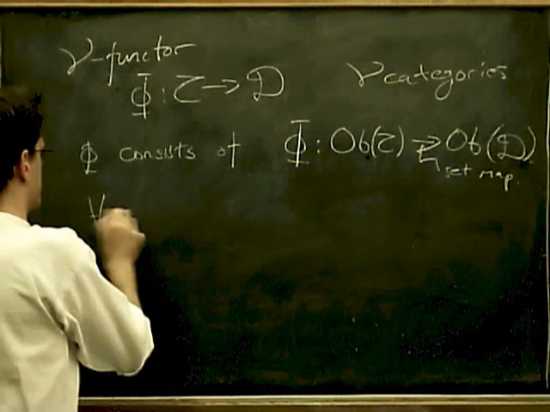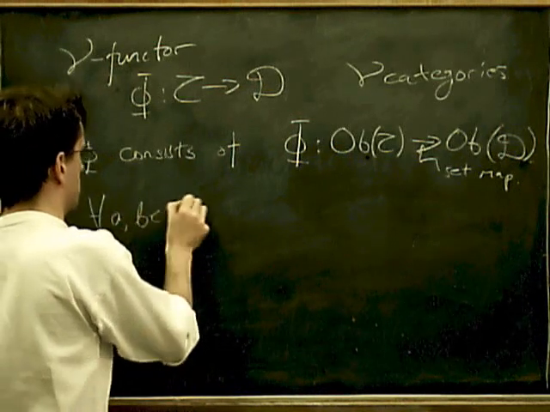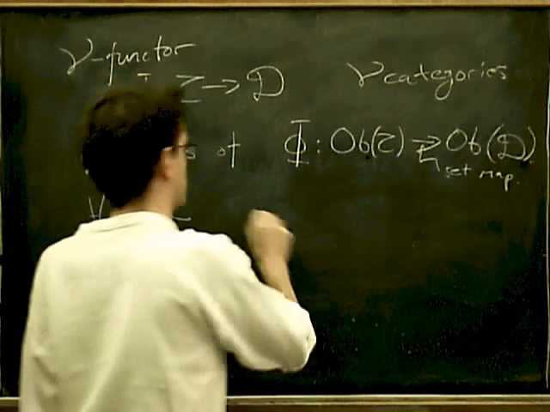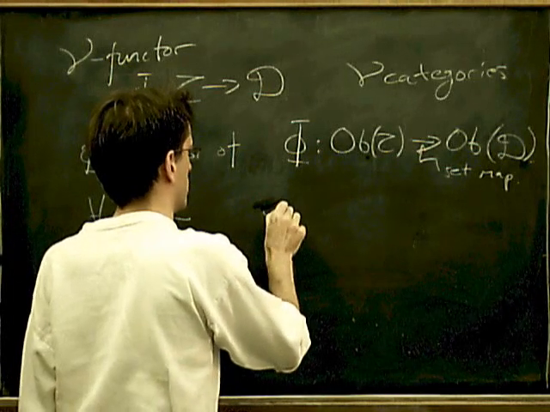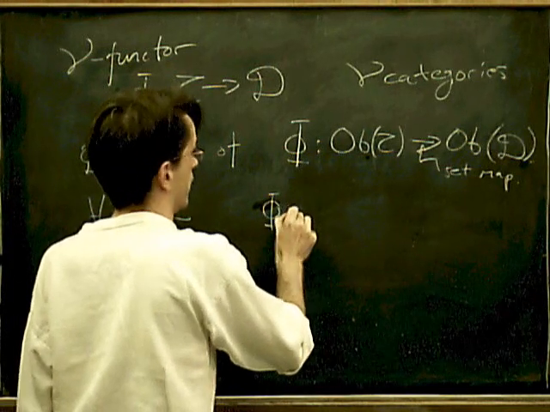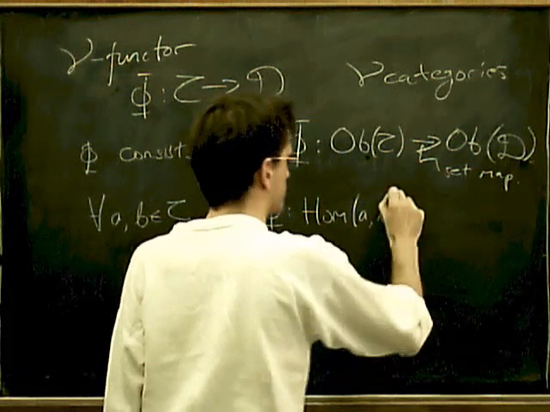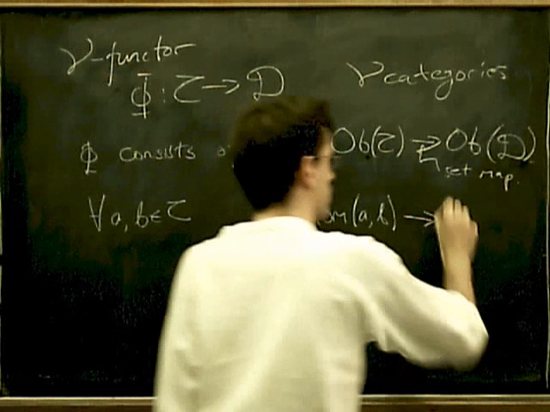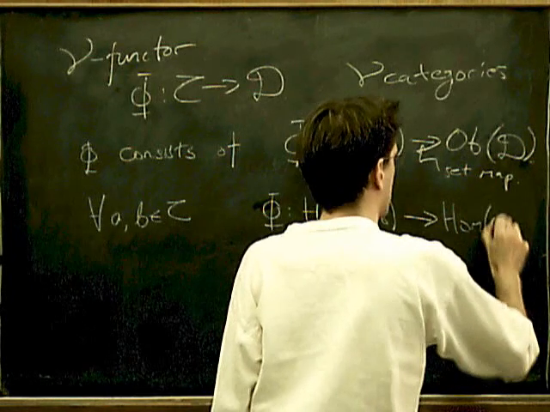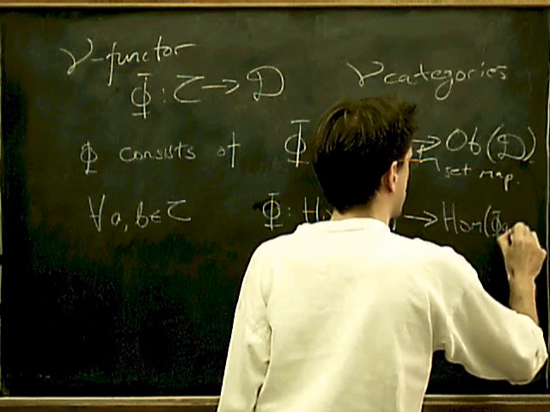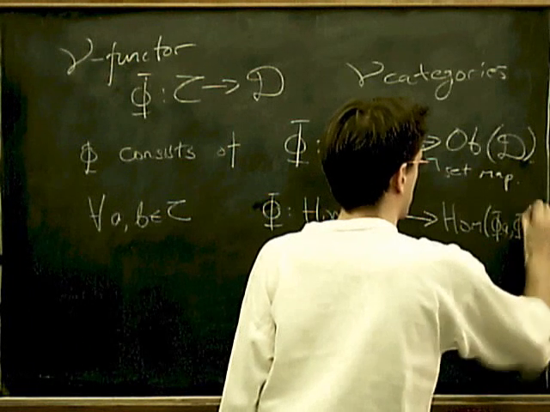And for all A and B in C, we get a morphism, which of course is also called phi, hom(A,B) to hom(phi A, phi B).